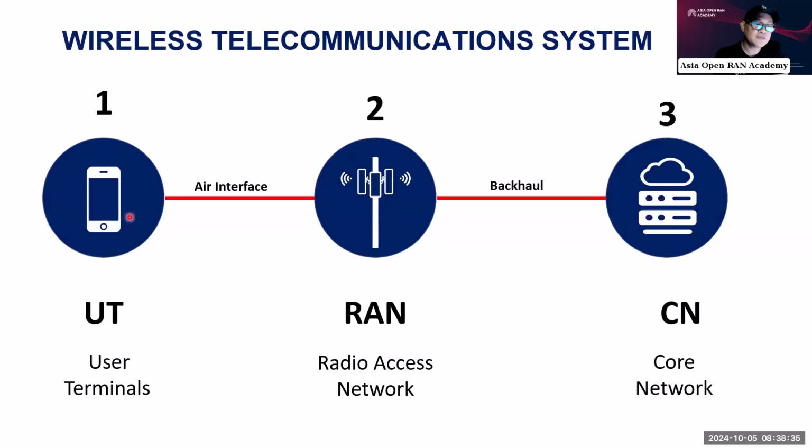For example, if you have an iPhone 11, which is only capable of LTE, you cannot use it for a 5G system, because that is an iPhone 11. Meaning, the electronic circuits or the chipsets inside the iPhone 11 are not compatible with the system of a radio access network that is 5G capable. So for you to be able to use the 5G system or service, you need to upgrade your mobile phone.